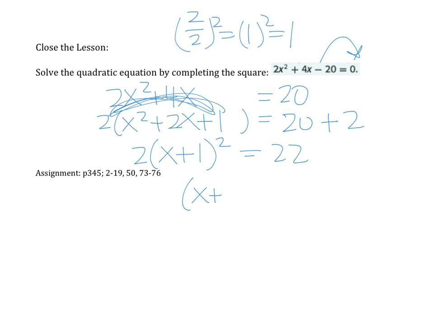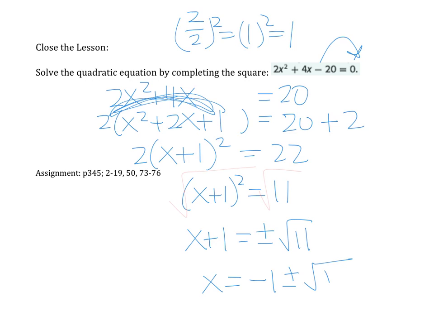Divide by 2 to get rid of that first. Take your square root. Remember that when you take a square root, it's plus or minus. And then subtract 1, and we usually write that first.